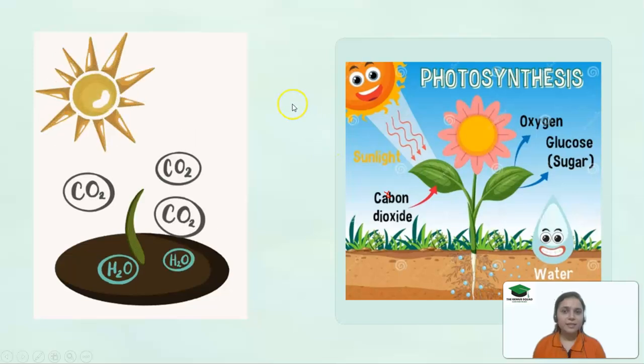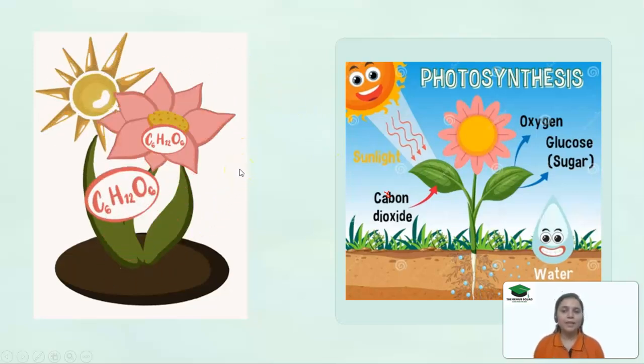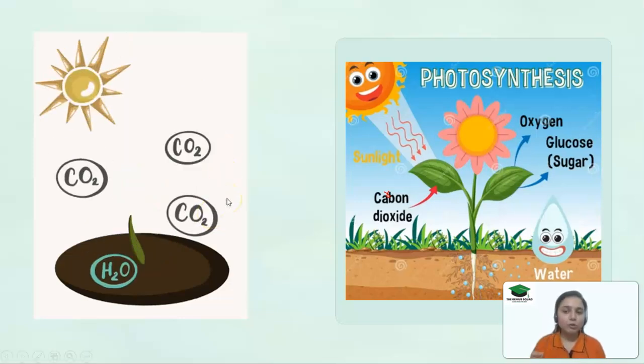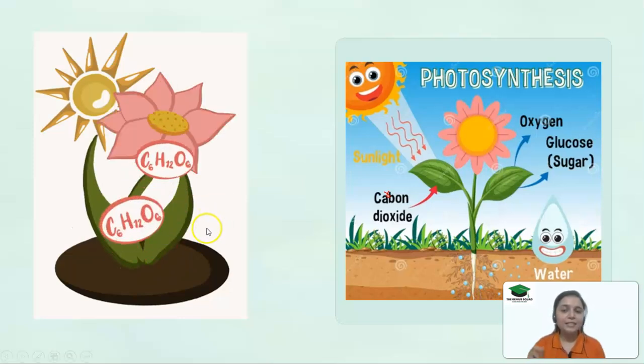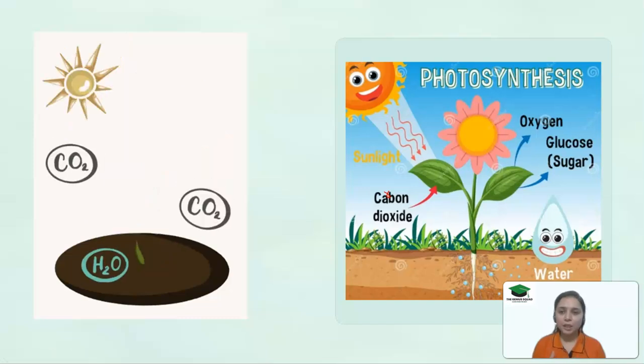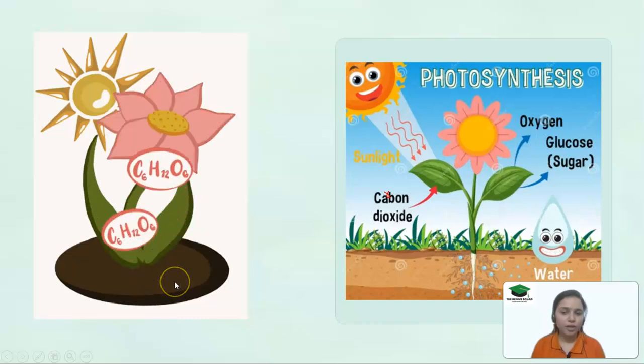So students, just see this very beautiful plant. Now what is happening? This plant is taking in CO2, carbon dioxide, and H2O, the water. The plant is taking CO2 from the atmosphere, as you can see, and the water from the soil, obviously with the help of roots.